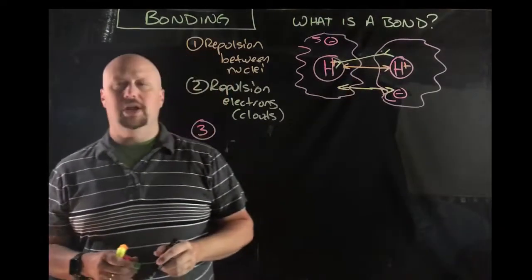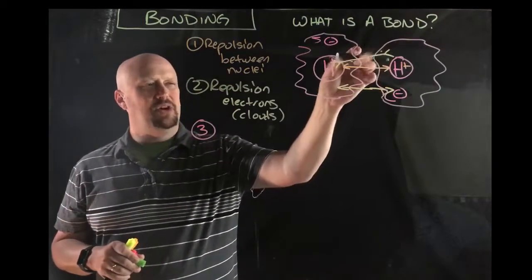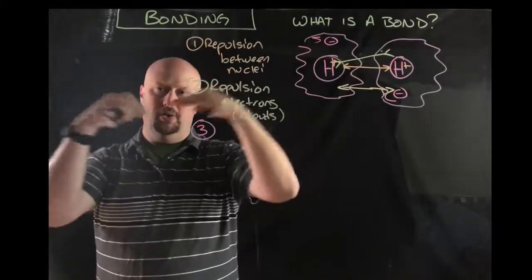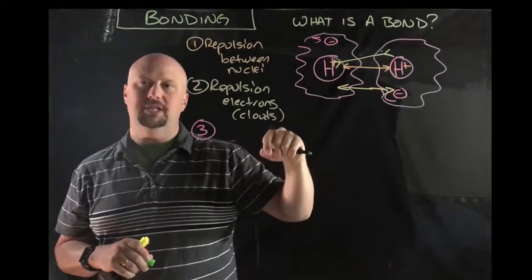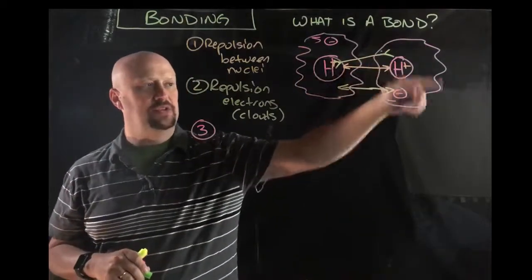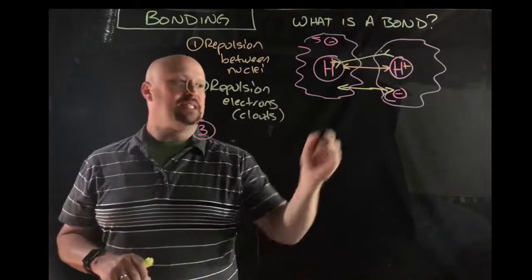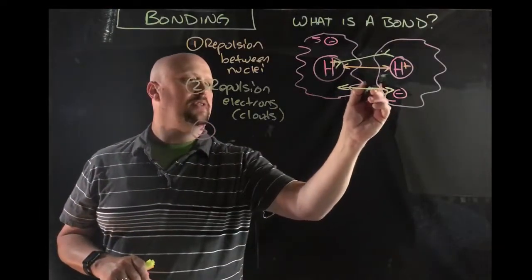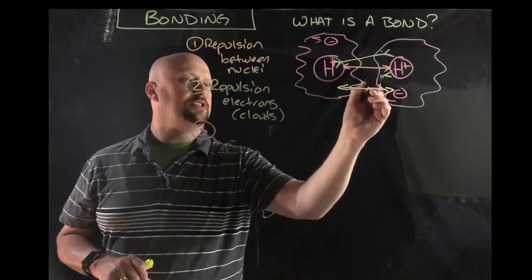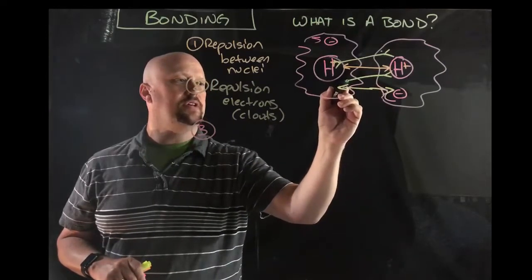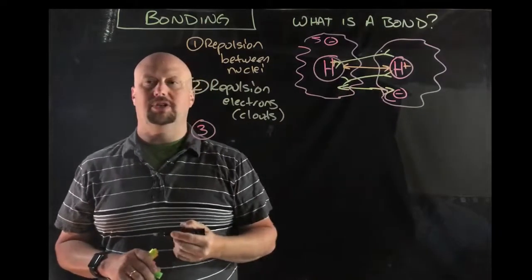You'll notice that I drew the arrows a little differently. That means those are pulling towards each other. This nucleus has a positive charge. It is attracted to this electron cloud over here and pulling on it. While that's happening, there is also a force of attraction between the other nucleus and the other electron cloud.